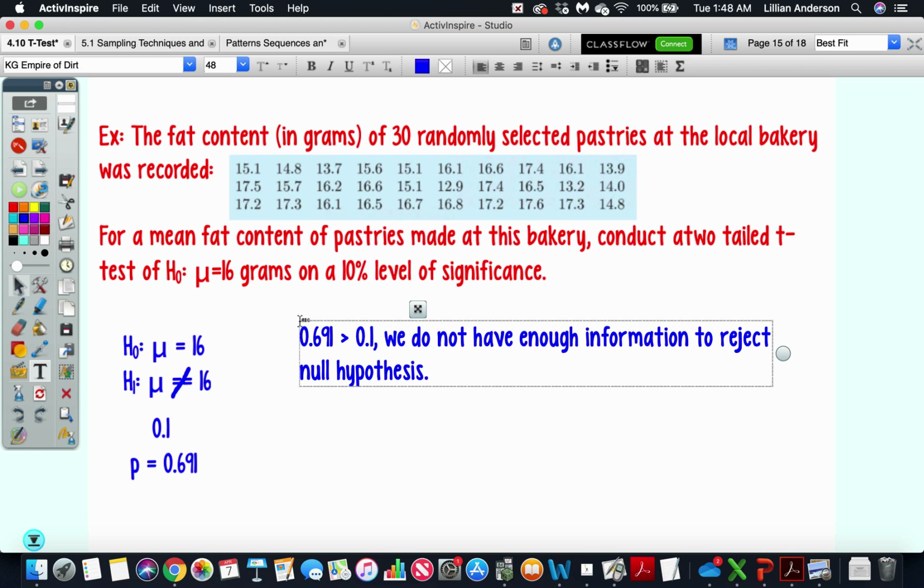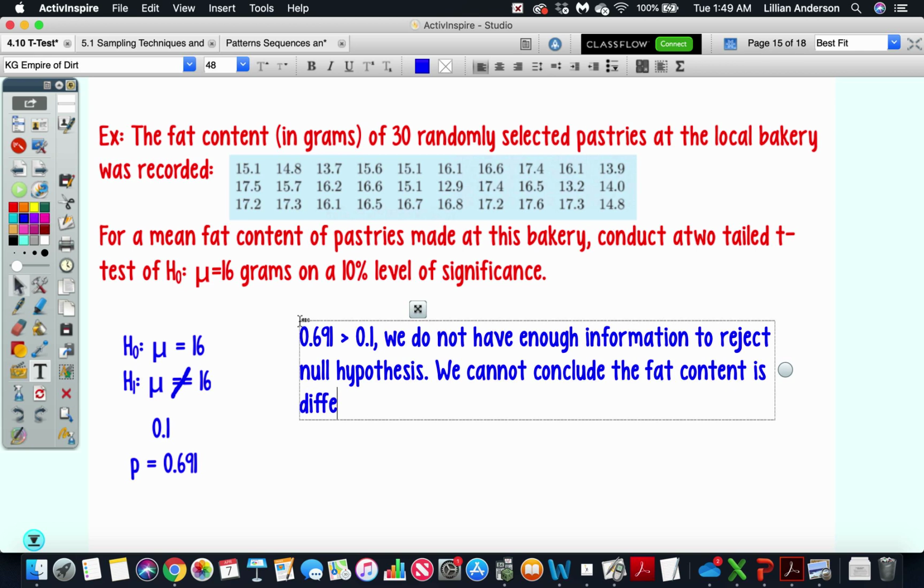And so because of that, we cannot make the conclusion, because remember we have to do this in terms of the problem, we cannot conclude that the fat content is different from the 16 grams. Okay, and that's it. That is how you perform a one-tail or two-tail t-test.